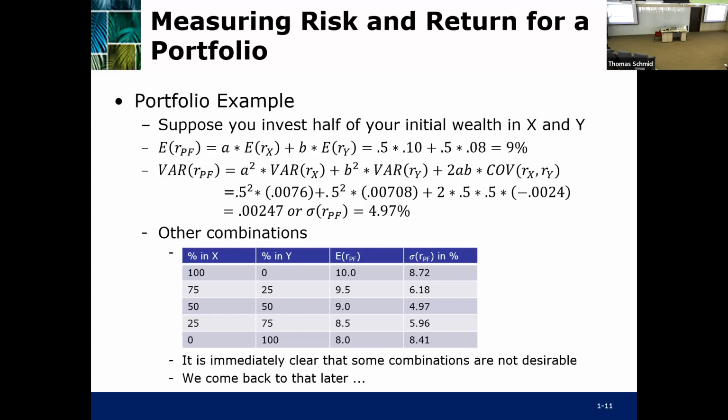We can calculate the variance, which is again nothing else than setting in the values in the formula, 4.57%. But obviously we can also do that for other combinations, not only 50-50. We can have everything in x, 75% in x, 50 as here, 25 or nothing.